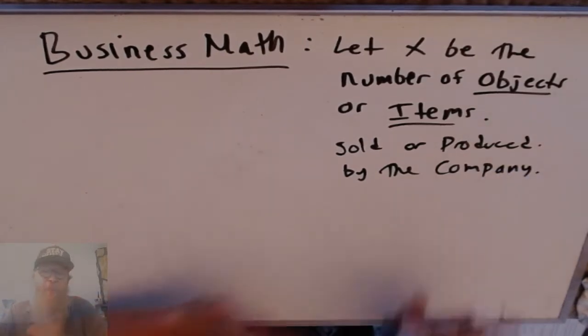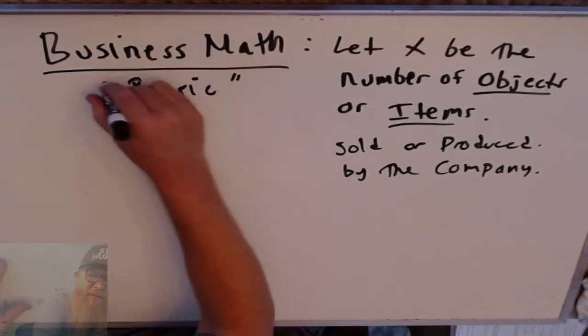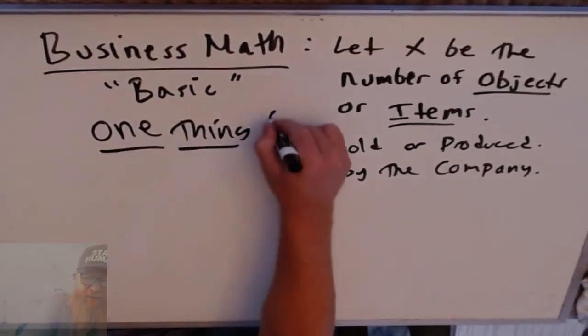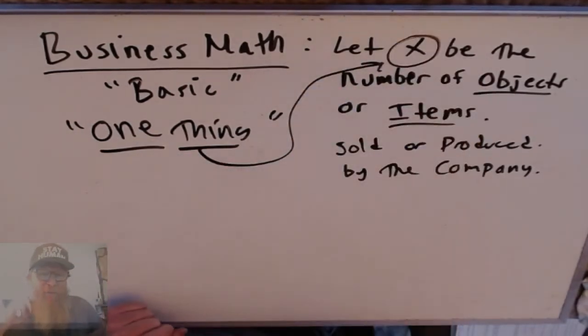Now, this is basic business math, very basic, so it's only one thing. Imagine you have a company that only sells one thing, all right?